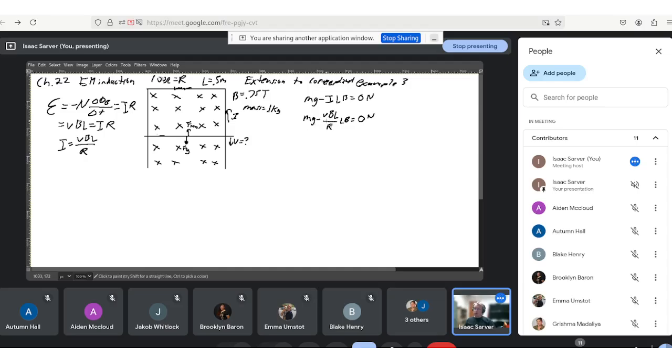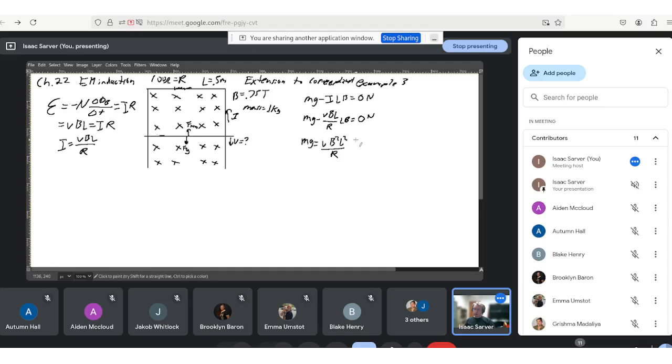So that means I can solve for B now. Oh, not B. I can solve for my velocity. So mg is equal to V B squared L squared on R. Solve for this guy.